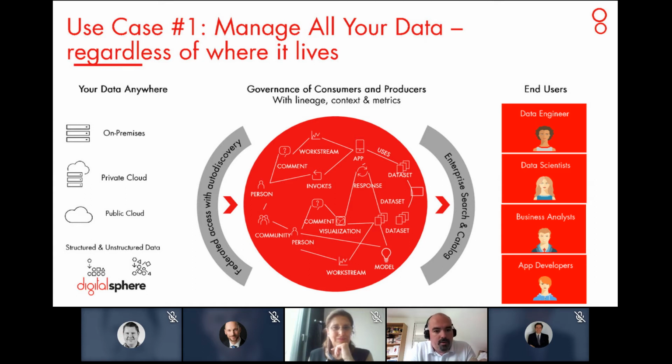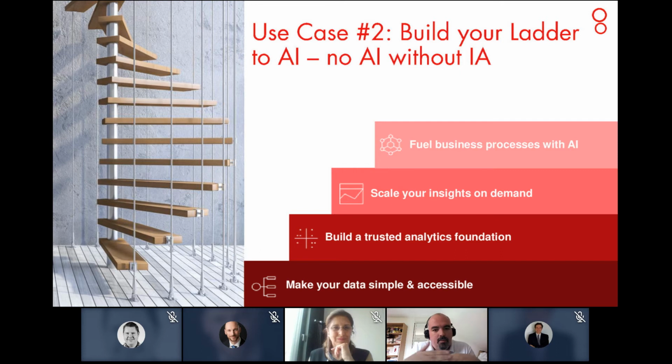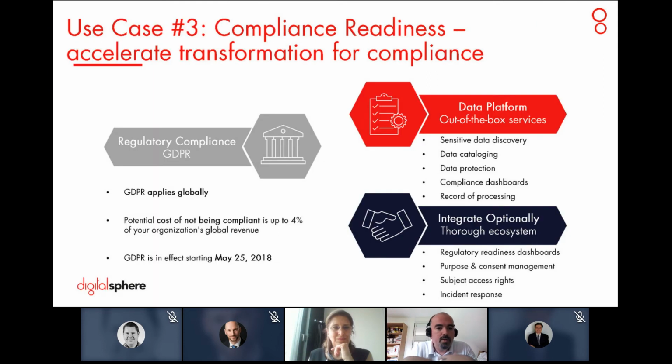So managing data where it is for different types of users, different types of sources, and the kind of usual processes described in the middle of the slide that happen in everyday life in every company. Building foundations to go to advanced analytics and maybe artificial intelligence, and also being able to govern them, so being able to comply with regulation and so on, such as GDPR in that slide.